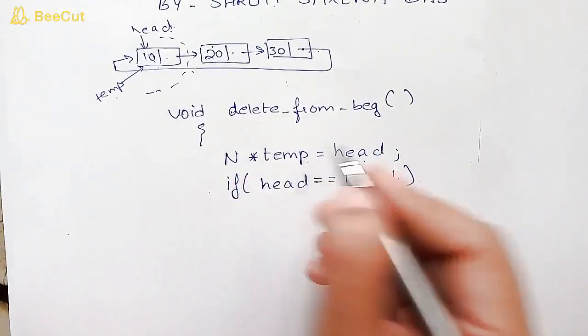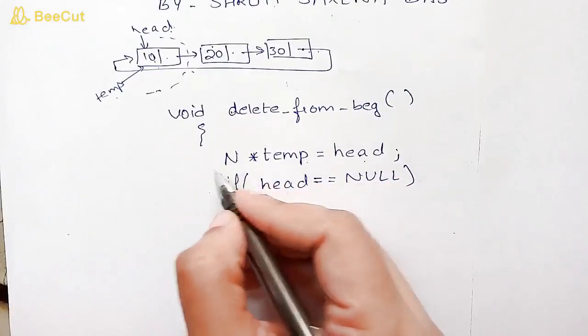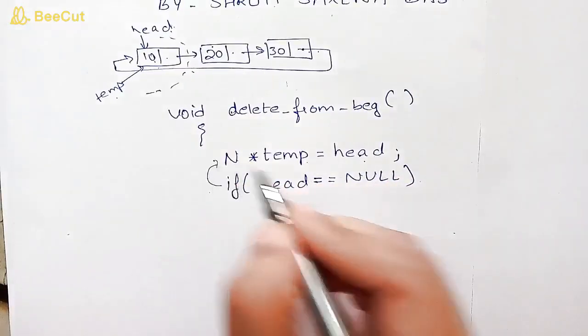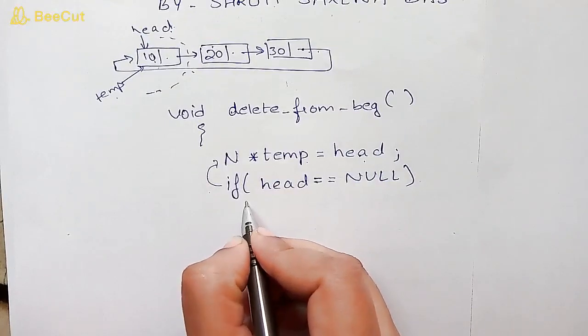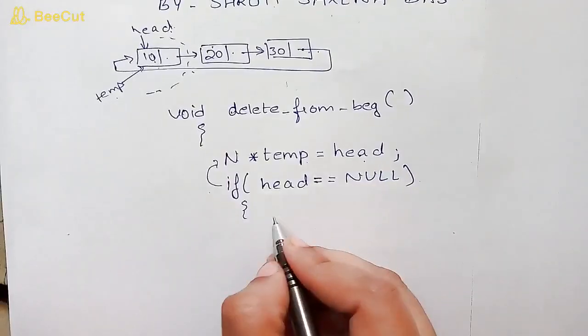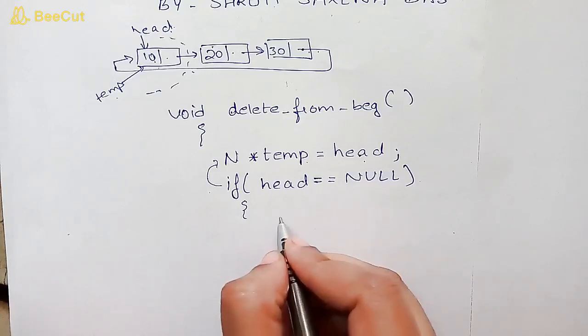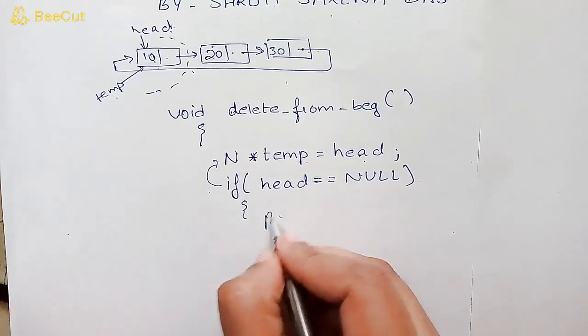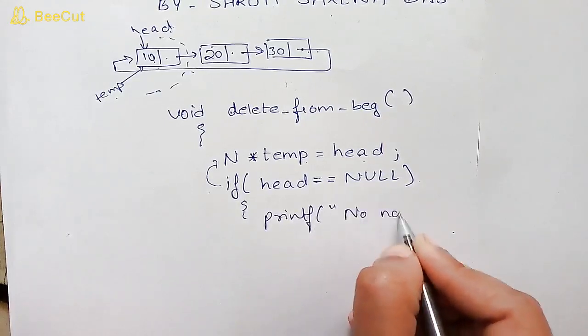If head is null, there is no need of taking temp. So before this you can write the full code of if over here. So if head is null, then I'll simply print no nodes in the list.